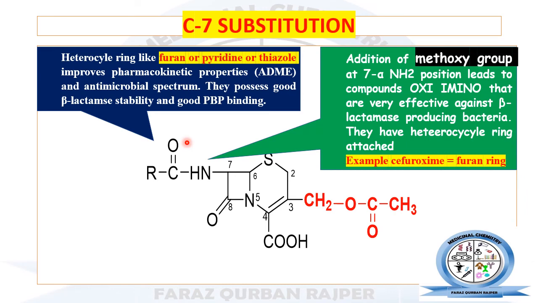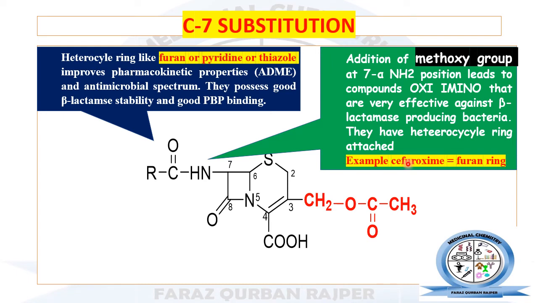Like if we are going to substitute this C7 alpha carbon or the alpha amino group with the methoxy functional group, then the oxyamino derivative of cephalosporin can be produced. The example of the oxyamino derivative is the cefuroxime.